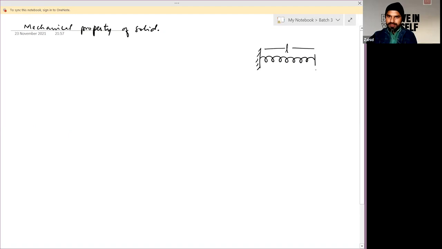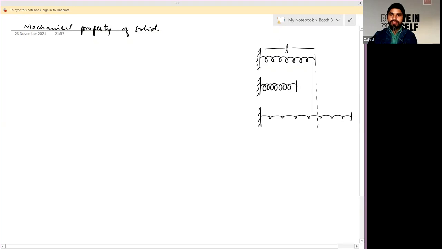Now, if you stretch it or compress it to this or to this point, a force will develop in it, which will tend to bring this particular spring back to its original shape.